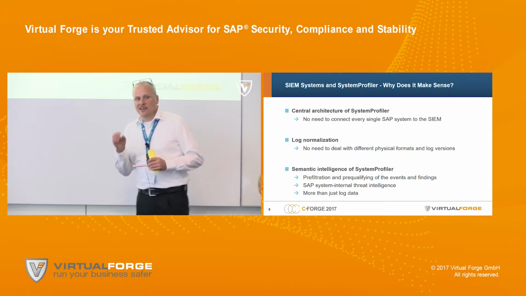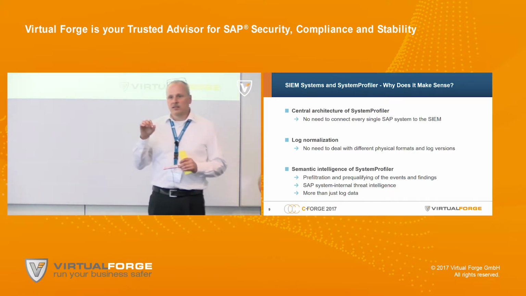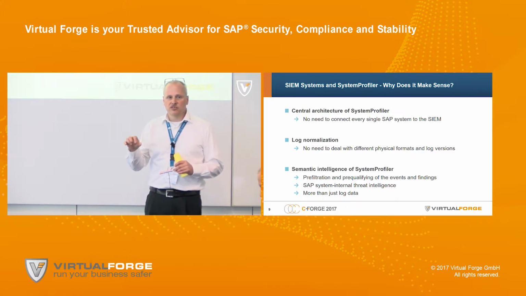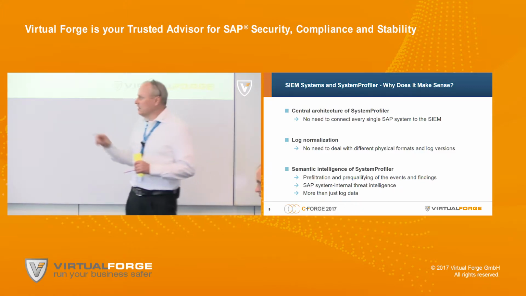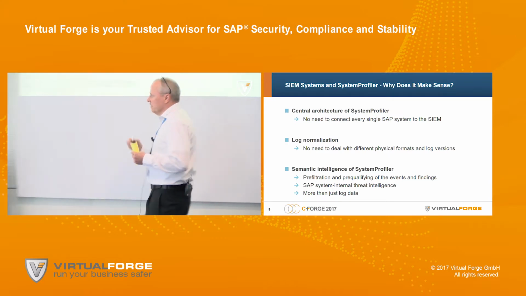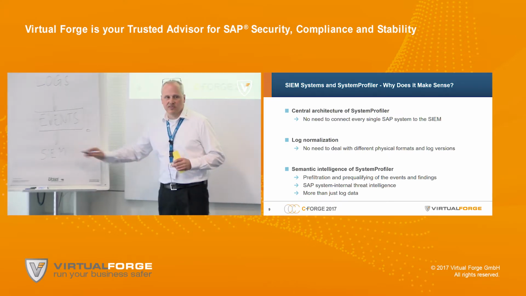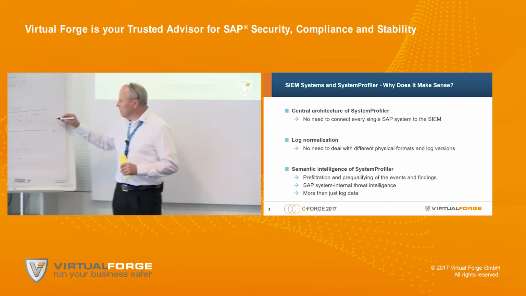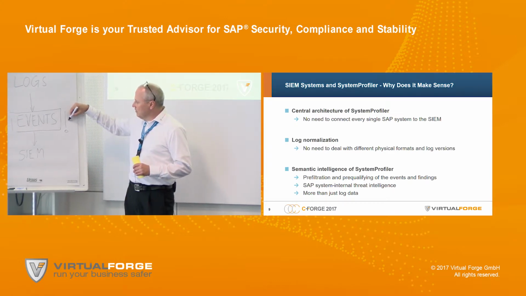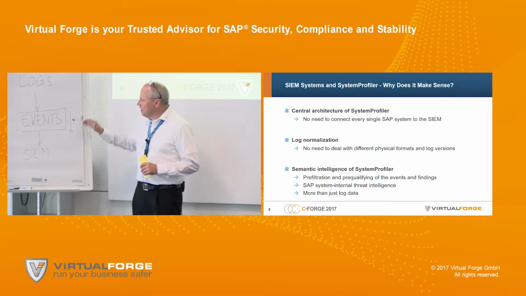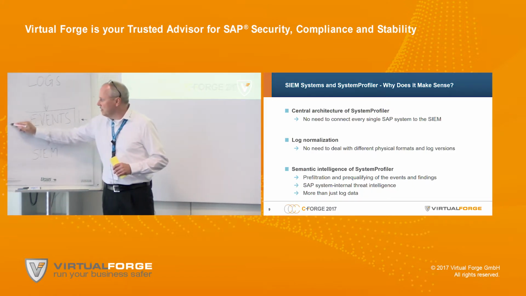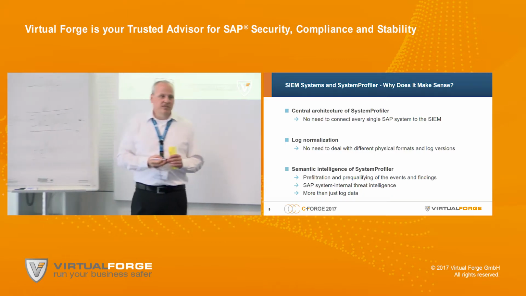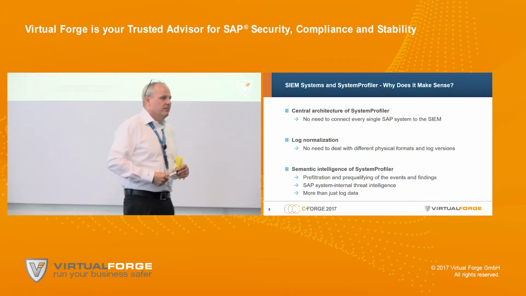And if they detect some critical data constellation or situation, behavior of the system, they can simply throw an event that is handed over to the SIEM system. So the intelligence for the event detection of the SAP system is within SystemProfiler and not within the SIEM system anymore.